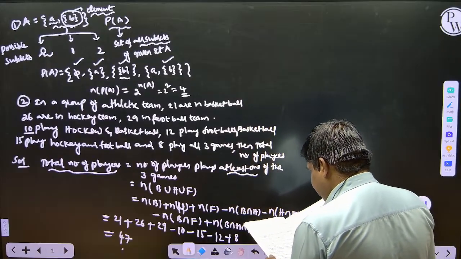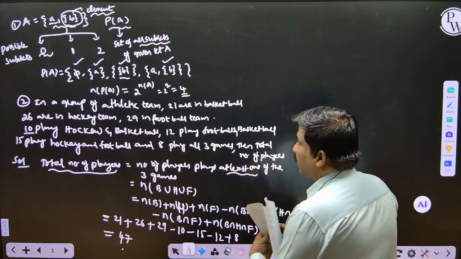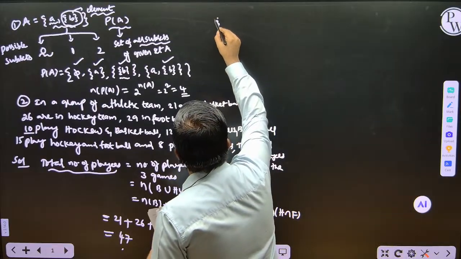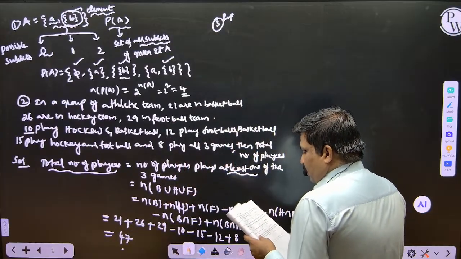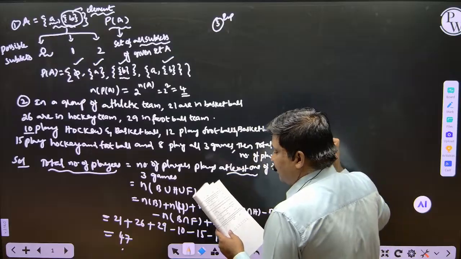Next question. Question number 3 is an important model. What does this say?